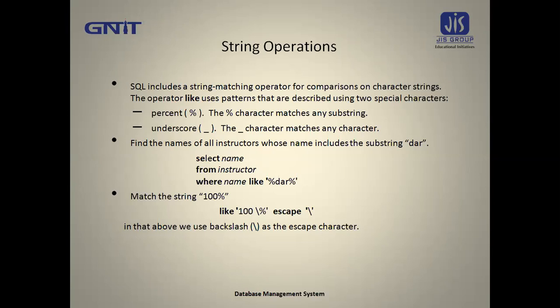And if the name has this substring DAR anywhere inside it, then it will print those names. So we are using the like and percentage operators here to find the names of all instructors whose name includes the substring DAR.